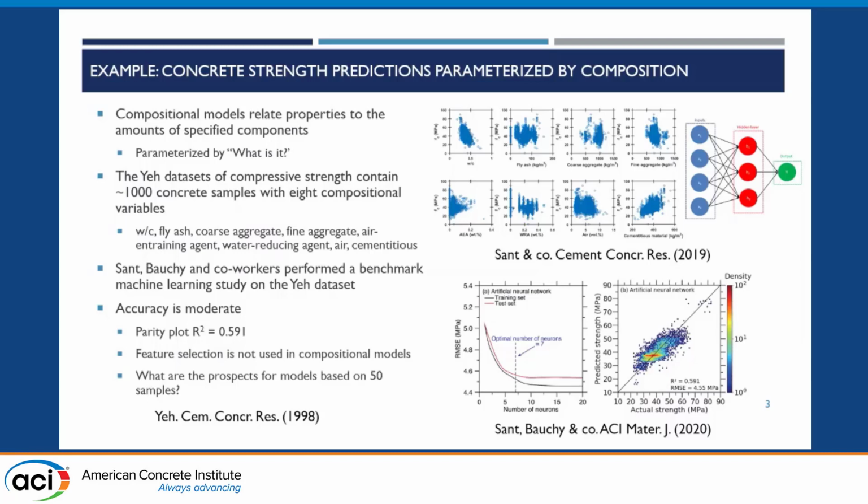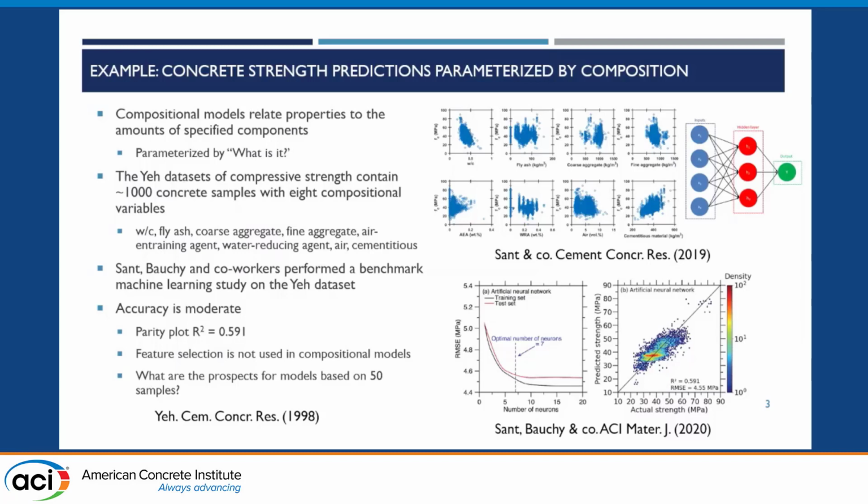Some of them I didn't count here. They are compositional based. And recently, there was a paper published in CCR from UCLA showing how a machine learning model can predict concrete strength using these compositional variables, but the accuracy was moderate.